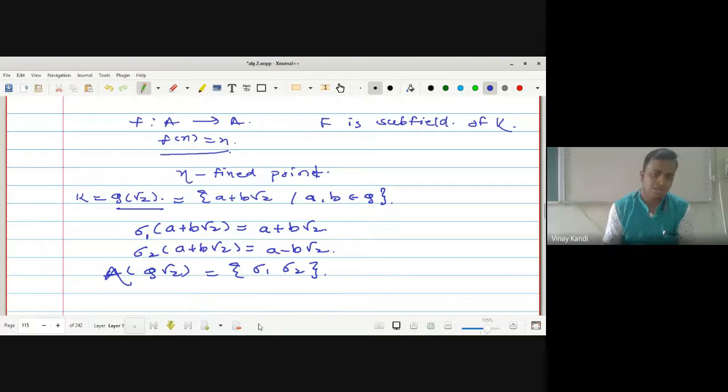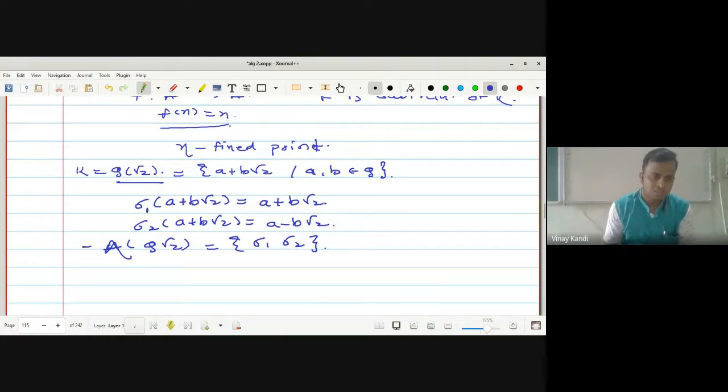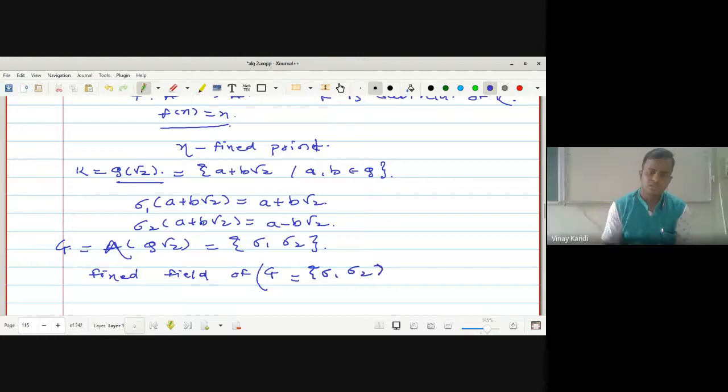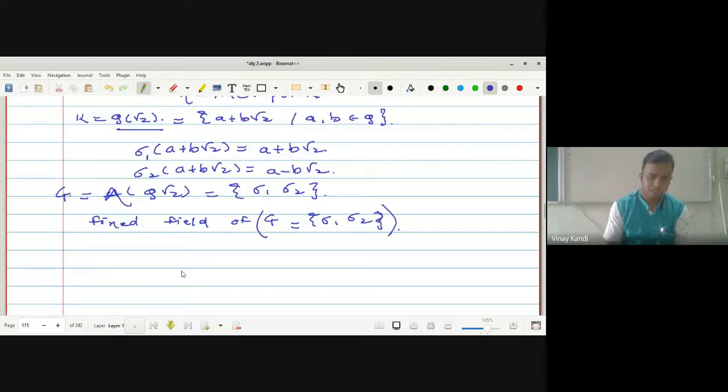Okay, if you take this as G, that is the group of all automorphisms, what is the fixed field of G? The fixed field of G, where G is equal to sigma 1 and sigma 2, both are there. Okay, fixed field of G, such a collection. From where do we take which elements?